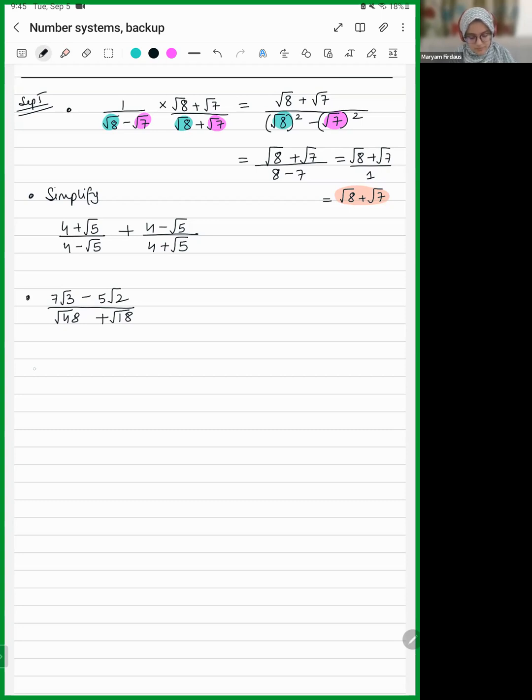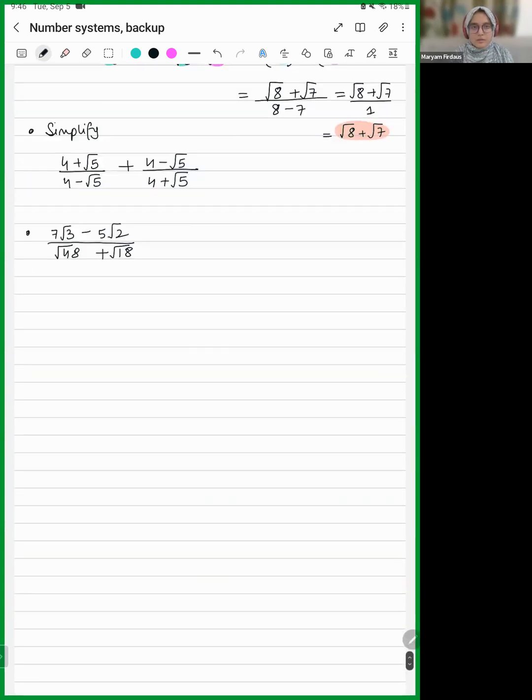Ma'am, I'm a bit confused about the first simplify one. You're done with the first one. Prishita, do the second one now. Abdul Jabbar, please unmute. Ma'am, I just need one hint. Is the final answer a whole rational number or is it an irrational number? The final answer of the first one or the second one?